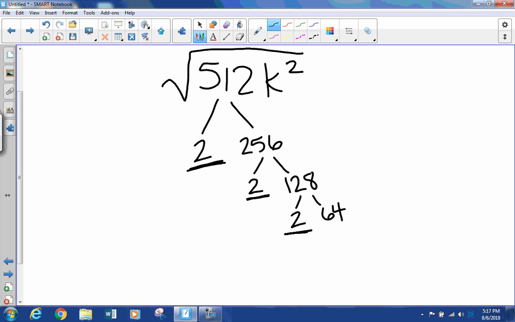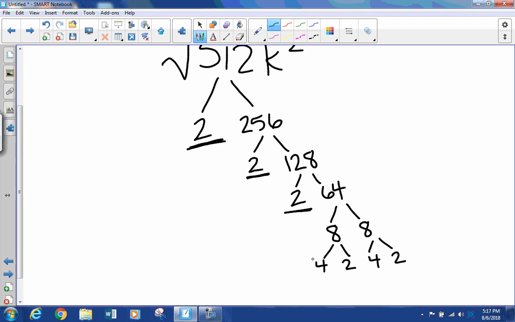Keep going with 64. This time I'm going to break it down. Maybe a more common pair of factors you know for 64 would be 8 and 8. But then 8 can be broken down as 4 and 2. So I write both of these as that breakdown. And then 4 can be broken down to be 2 and 2.